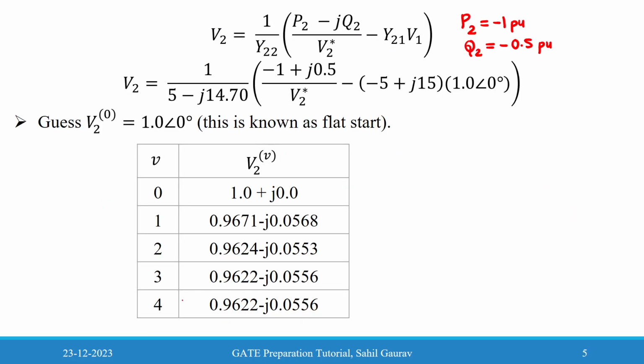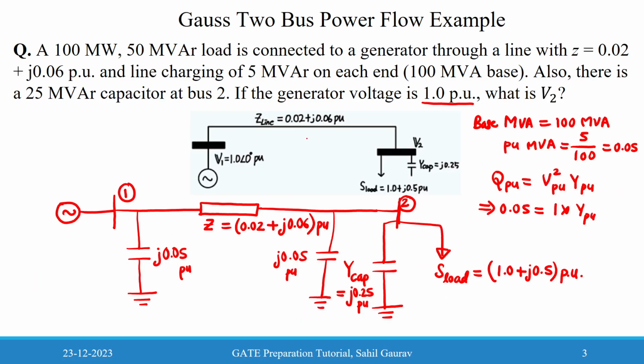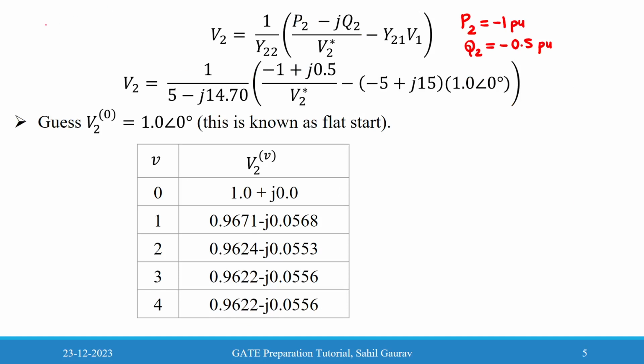So whatever value we are given, S load is equal to 1 plus j 0.5, these are not injected power. Injected power means you have to take the reverse, you have to add this minus sign.